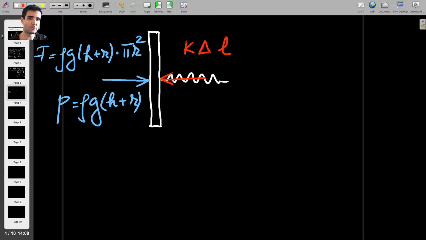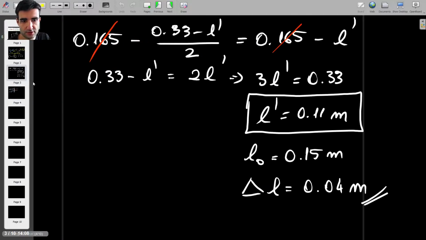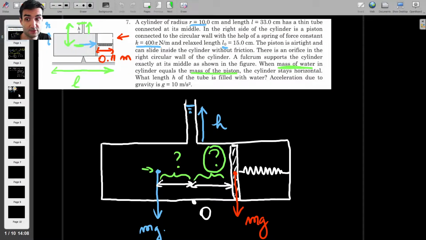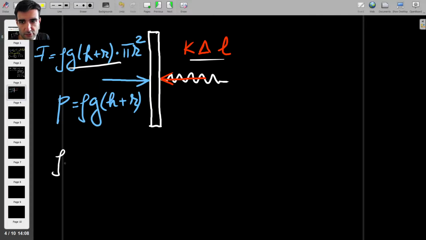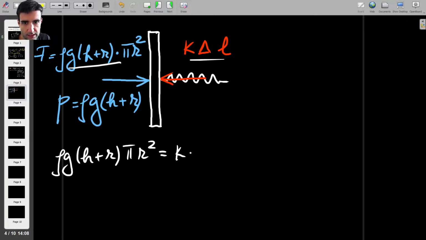So it's the spring constant multiplied by the change in length. Now if we equate those two things together, we should get an expression for what we're looking for, which is H. That's the only thing we don't know. So we have rho g times (H plus R) times pi r squared. This is equal to K times delta L.